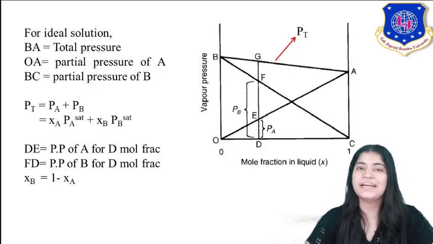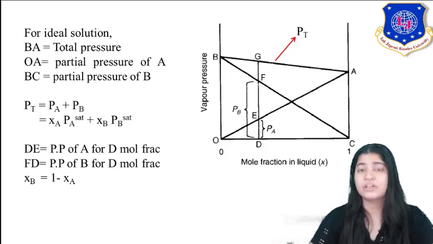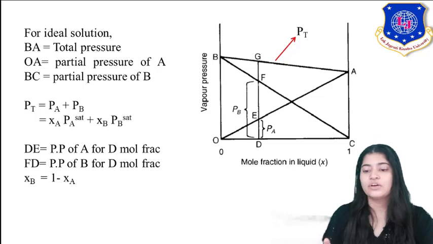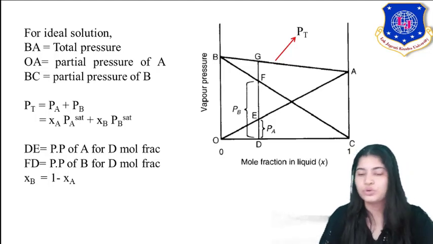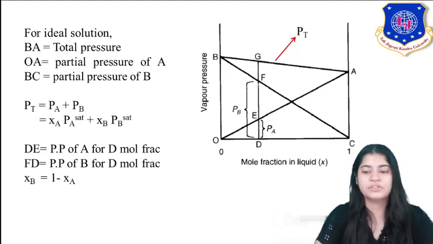Let's take an example at the D mole fraction, at D point. The A mole fraction is defined. For that mole fraction, line DE is the partial pressure of A. At D point, your mole fraction might be, let's say, 0.2. So for 0.2, you can substitute the values.